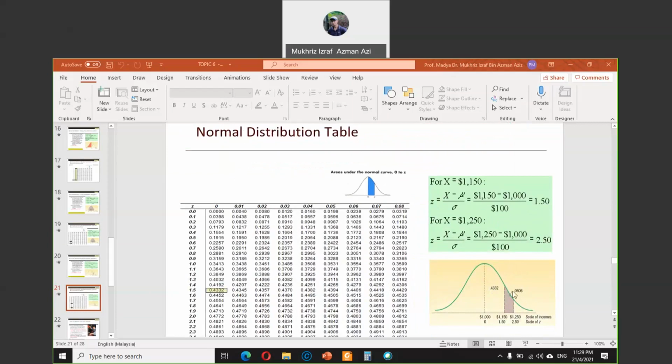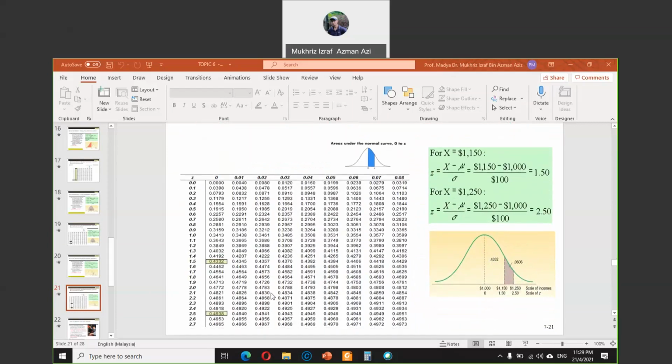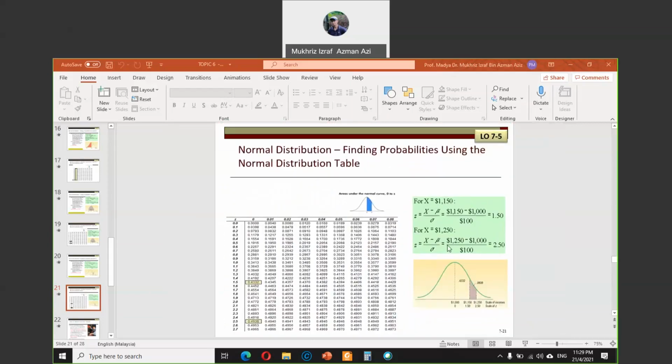You obtain this by taking the difference, 0.4938 minus 0.4332, which gives you 0.0606. That is how to solve when both are positive, and if both are negative, it will be the same way. Take the value of the Z and simply take the difference.